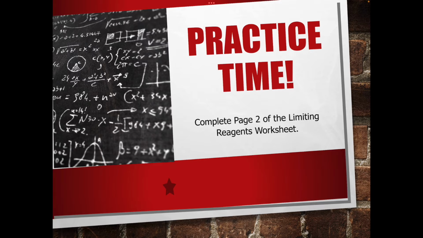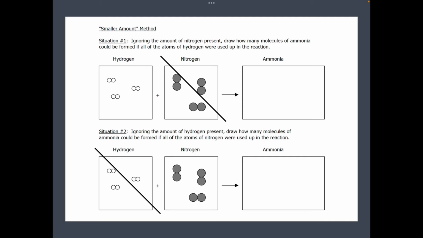Alrighty. Thinking about this, let's go ahead and complete page 2 of the limiting reagents worksheet. So we're going to just keep going. In this problem, I want you to do essentially the same problem again that we were just doing, but we're going to look at it a little bit differently. In situation 1, it says totally ignore the amount of nitrogen present, so you can assume that we have as much nitrogen as we want.